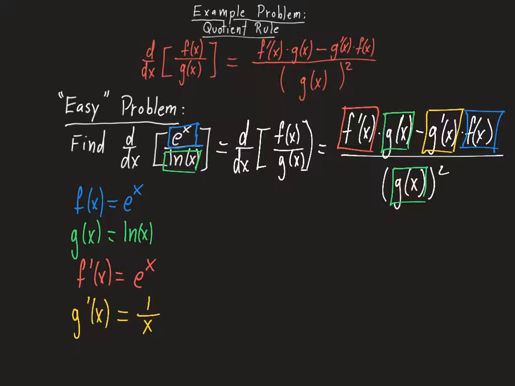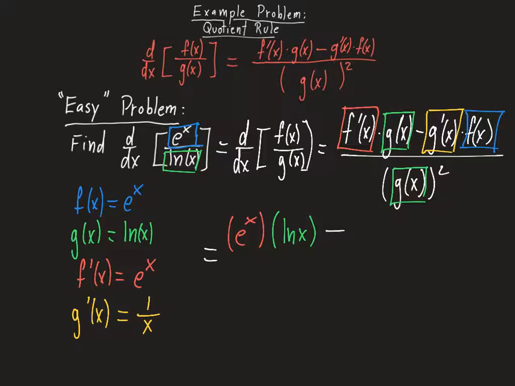Okay, we're almost done. The only thing that's left for us to do is to rewrite everything in this formula, but plugging in the functions that we have written over here on the side. First up is our function in red, which we have said is e to the x. We're multiplying this function by the function in green, which is natural log of x.